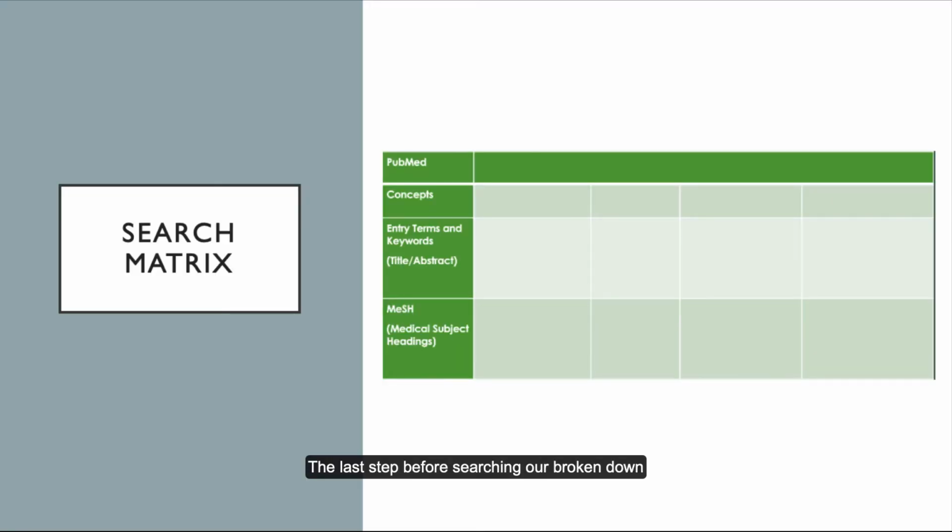The last step before searching our broken down PICO question is to take a look at this search matrix. This search matrix can be used for many different databases. Here you can see that in the top left, we've indicated that we will be using this matrix for searching PubMed. Next, we have a row dedicated to concepts. There are 4 columns.